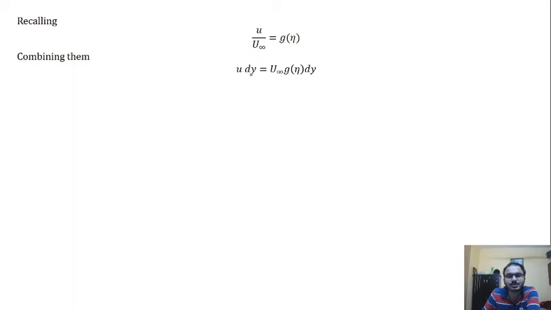What we have done here, see carefully, is a simple thing, that is u is equal to u infinity into g of eta.